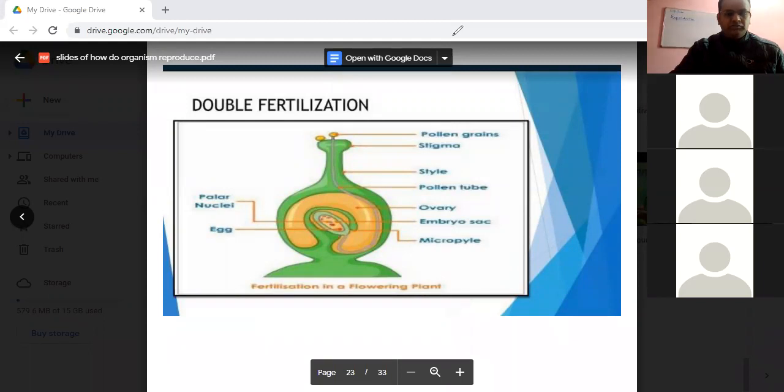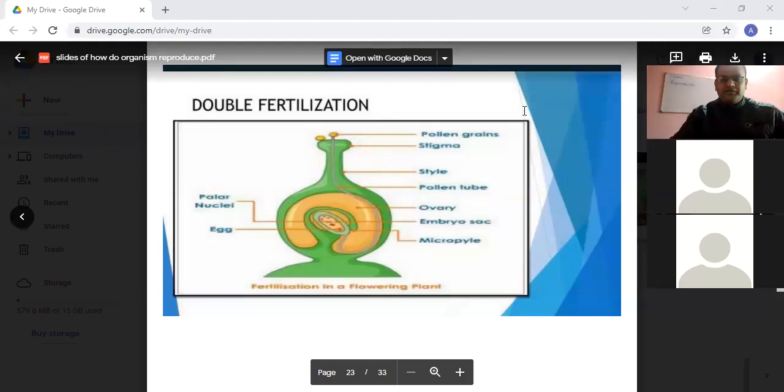Who wants to share a discussion of double fertilization from the student side? I also want feedback from you all. Just raise your hand so that I can identify. The diagram is displayed over here.